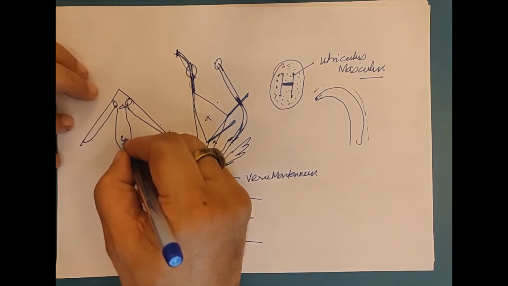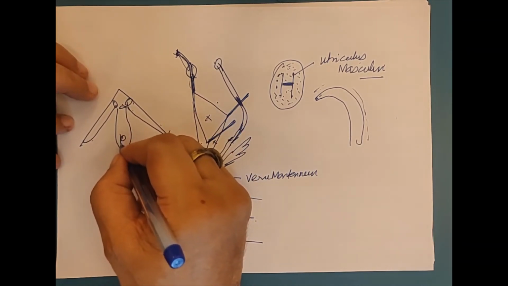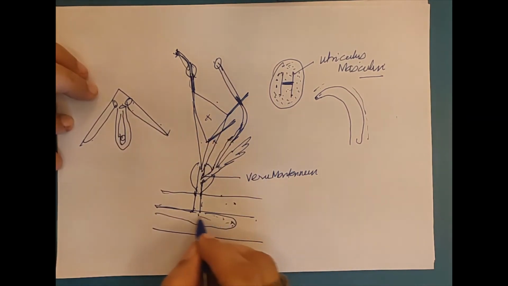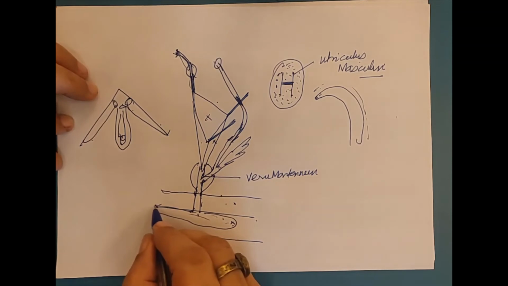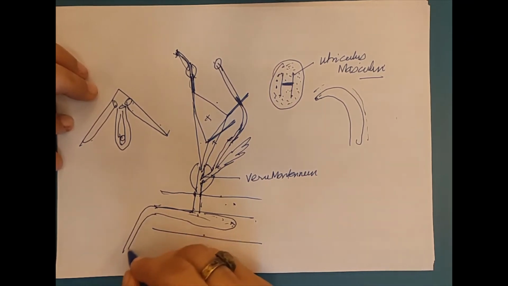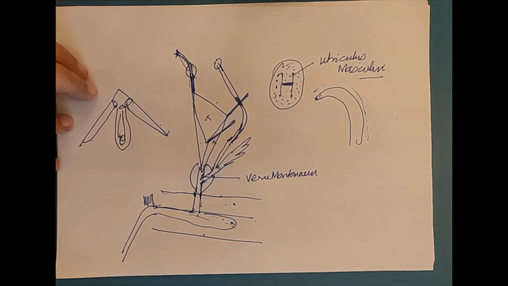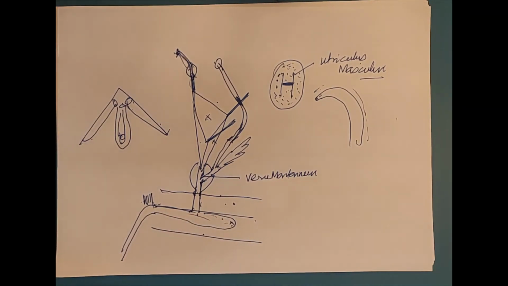So the membranous urethra opens here and it will end into a perineal urethra. From here the perineal urethra will become penile urethra, and it will be held by the dorsal ligament of the penis. Right? So you have understood the outer anatomy of the bladder. Okay.